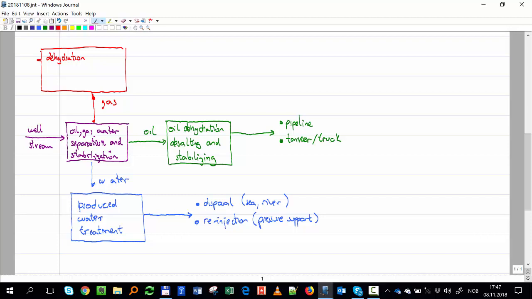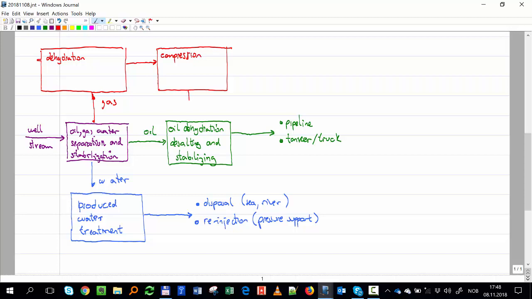You might have many issues, so we want to get rid of the water. Then the next step after dehydration, I have to increase pressure. The pressure that it comes out at is usually not very high, so I have to use a compression station to compress this gas.